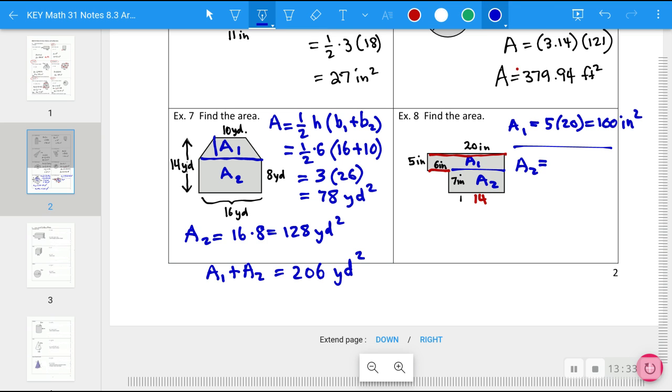So we end up here with 7 by 14, which is 98 square inches. And when you add A1 and A2, those numbers add up to 198. Area 1 and area 2 add up to a total of 198 square inches.